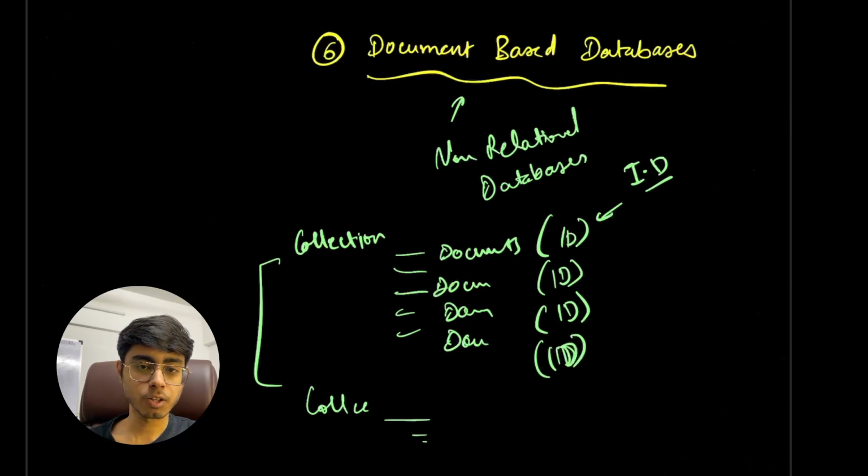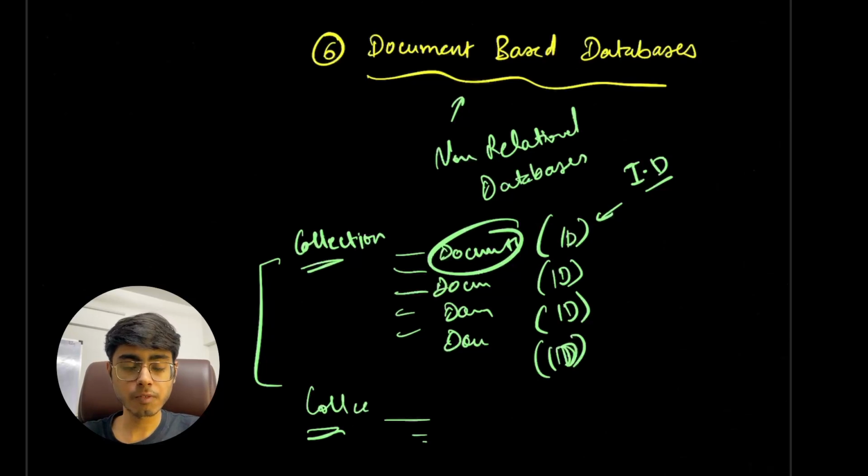Let's say I'm building an e-commerce application. There, one collection can be for products, right? One collection can be for orders. One collection can be for cart, right? So this is what a document-based database is. Every document means one schema. And again, as I told, in these non-relational databases, every document can have a different schema, right?